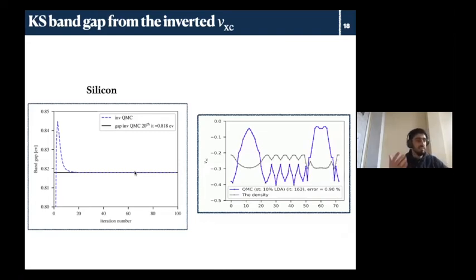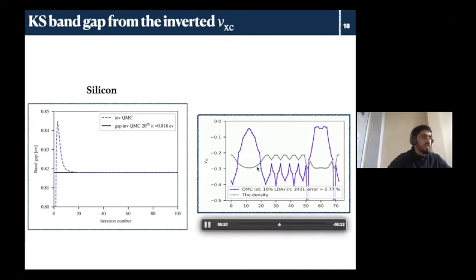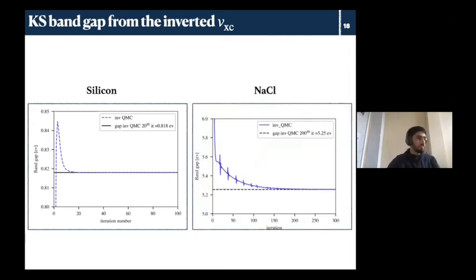Even if the VXC is very spiky, it yields the same results for the Kohn-Sham band gap. This is a nice thing. It means that this stochastic noise does not influence the observables.